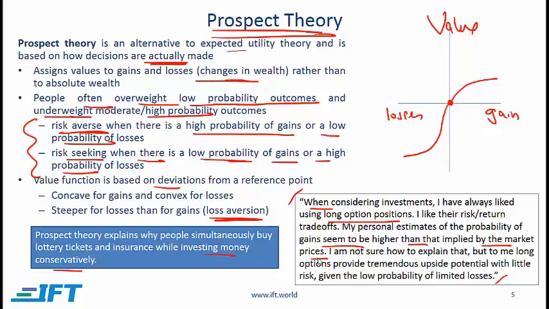So what this person is doing is overweighting low probability outcomes. "I am not sure how to explain that, but to me long options provide tremendous upside potential with little risk given the low probability of limited losses." Now here the investor is underweighting moderate to high probability outcomes. So this investor is clearly exhibiting the points related to prospect theory.